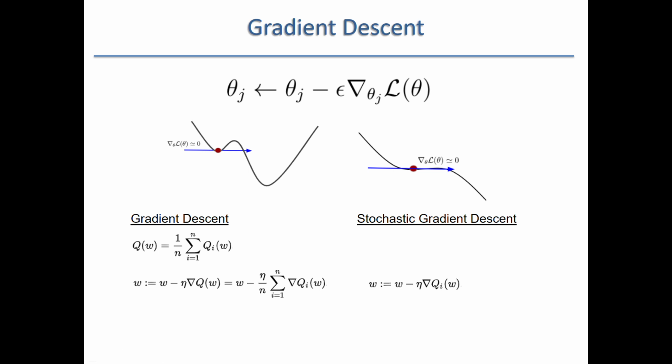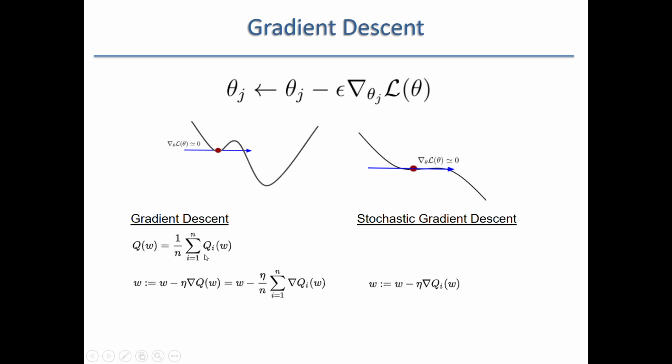So let's say that now our cost function is Q instead of L, and we have a set of data, inputs and outputs, n pairs of those. We put the input in, we propagate, we have an output, and then we have a difference. That difference is Q, and for every pair we have a difference, and this difference depends on the weights of the network.